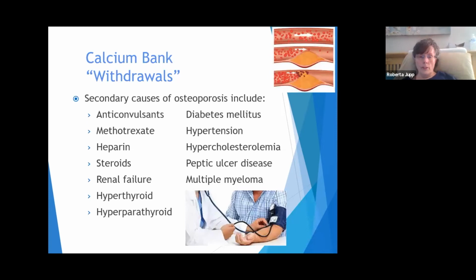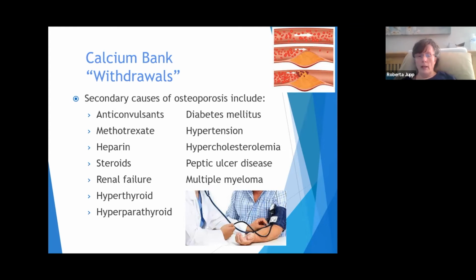So here are some other secondary causes of osteoporosis. Sometimes medications like anticonvulsants, methotrexate, heparin, and steroids can lead to bone loss. Kidney failure, we know there's a very close relationship between calcium in the blood and the kidneys and how they function.